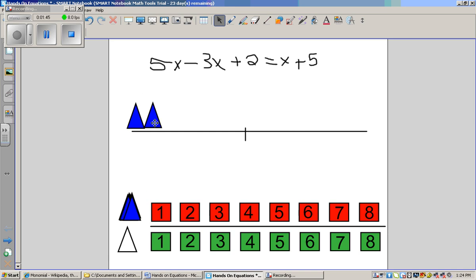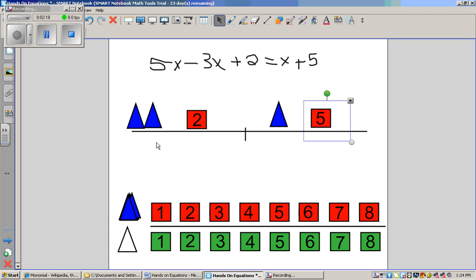So what I'm actually left with, 5x minus 3x, is 2x. That's combining our like terms. We can combine these two because x equals x. So now we can continue putting the rest of the manipulatives on the scale. So we have plus 2 equals x plus 5. And now you can solve it using your legal moves just like you've solved the other equations.